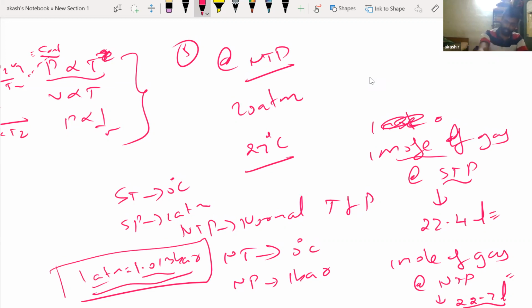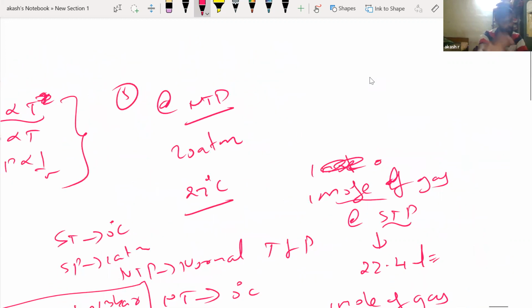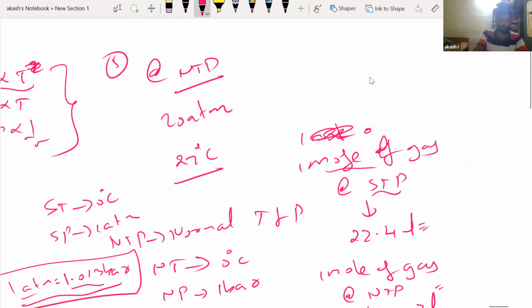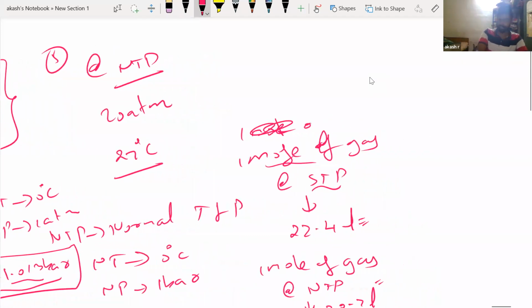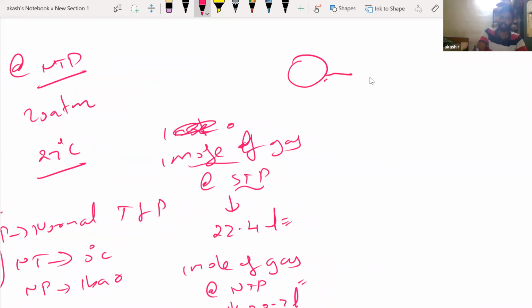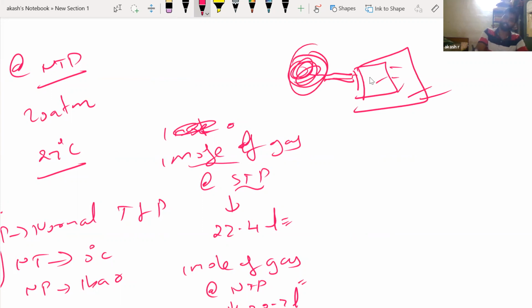Now, just giving you a gist of what is asked in the question. There is a balloon connected to a cylinder. From this cylinder, the hydrogen gas goes and fills up this balloon. Obviously, the volume of the gas inside is so high that not only one balloon, but so many balloons can be filled, one after the other.